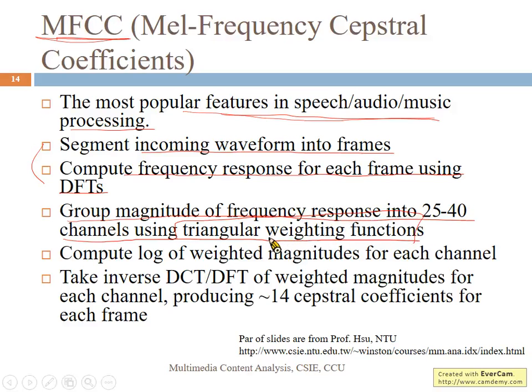The different frequency bands may have some overlaps, and we also give some weight to the energy in each frequency band. We then compute the log of the weighted magnitude for each channel. And then we take the inverse DCT or DFT of the weighted magnitude for each channel, producing around 14 spectral coefficients for each frame.